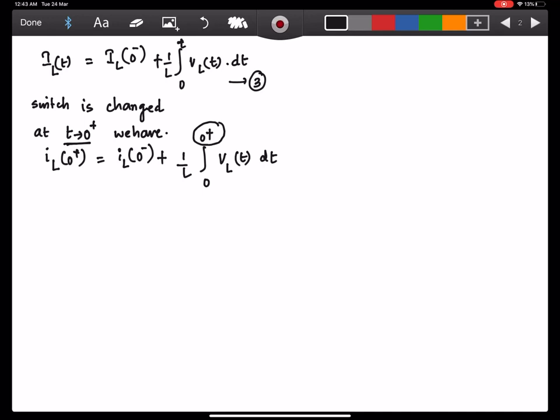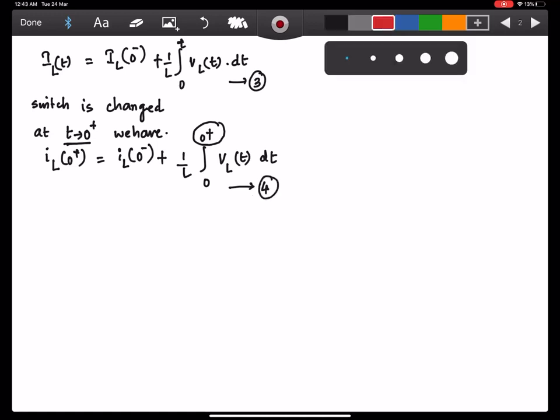So we can have an equation like this, and this is equation number 4. Here, this is the integration from just before the switching to just after the switching, which is at most almost equal.